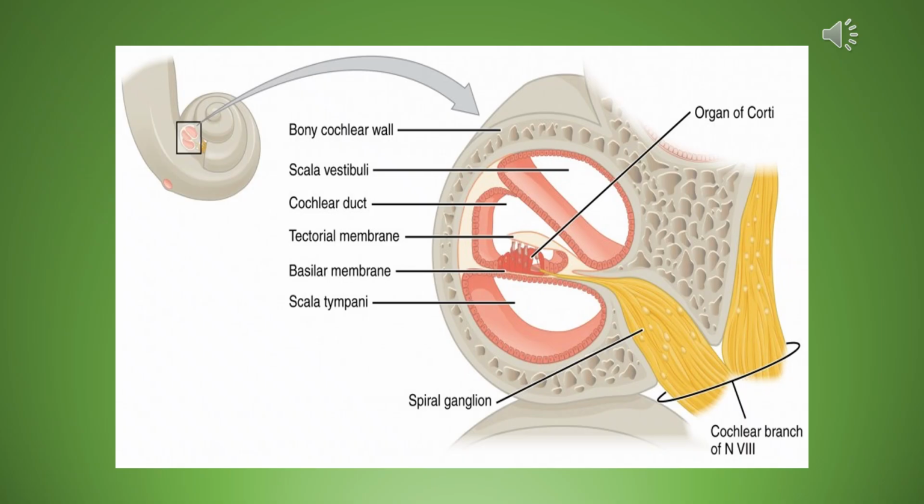When they are bent, potassium channels open, which causes the cells to depolarize, and we call that depolarization of the hair cells an action potential. The action potential is then transferred to the fibers of the cochlear nerve. So you can see it there. That's where we begin our sense of hearing. On the next slide, we'll take up the auditory pathway so you can see where it goes from there.